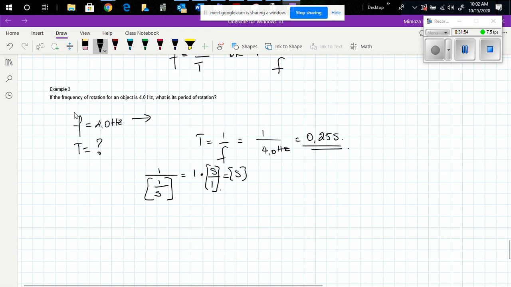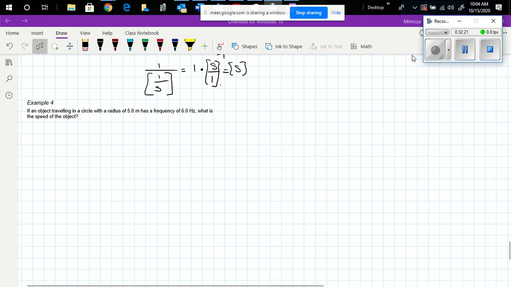What those numbers are telling us is that you see the object passing through a fixed point in the circle 4 times in 1 second. And what this number, 0.25, is telling us is that the object completes 1 circle in 0.25 seconds. Does this make sense?